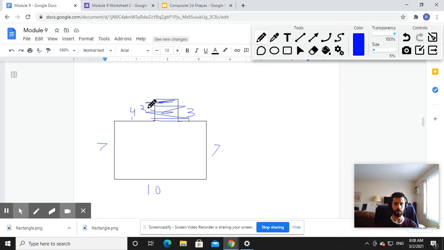But it's broken up. It's broken up because there's this part of it that's just 4 units and part of it that's just 3, and then part of it that's unknown. So our simple logic is we just need to subtract 4 and 3 from 10. So 10 minus 4 minus 3 equals 3.